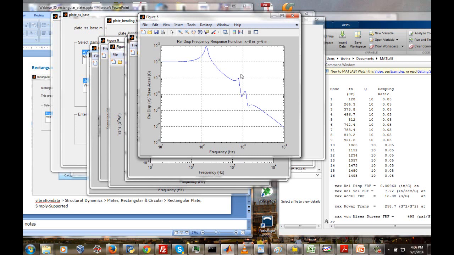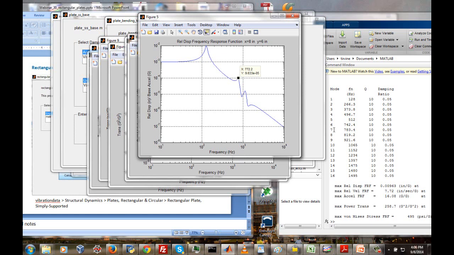But clearly, for the case of a white noise input, the relative displacement response would be dominated by the fundamental mode. In fact, almost exclusively due to the fundamental mode. If you look at this mode here, let's see what this mode is. That's at 772 hertz, or thereabouts.